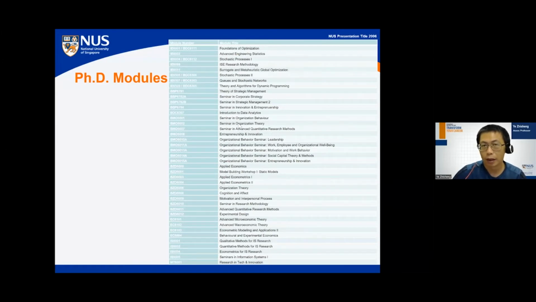Some of them are offered by the ISEM department and some by the business school or school of computing. So you have a wide spectrum of modules to choose from, but before you choose, you need to discuss with your supervisor to get consent, because taking modules should be useful for your research, especially if you are already at a stage of your PhD study.